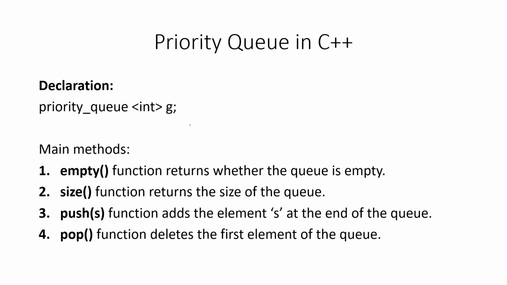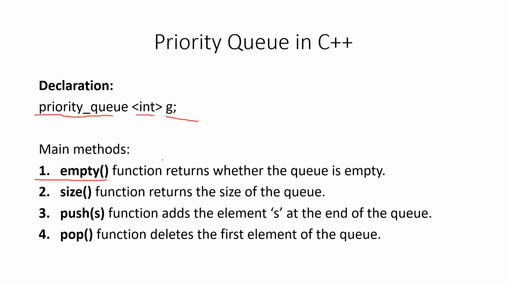Next, it's the priority queue in C++. In order to declare the priority queue, you write priority queue with the type int and the name of it. And in C++, priority queue has these four main methods. First one is empty. It's actually a Boolean operation where it returns true or false.